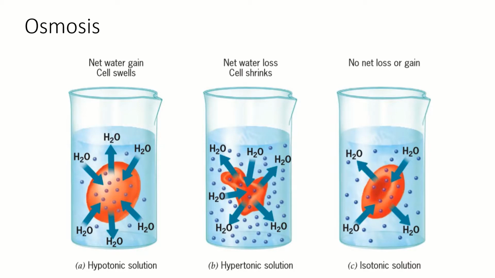In a hypertonic solution, because there are more water molecules inside the cell than in the surrounding solution, the water molecules will tend to go out of the cell and the cell shrinks and shrivels as shown here. And in an isotonic solution, the animal cell would be at its most ideal environment, wherein the movement of water into the cell is equal to the movement of water going out of the cell.